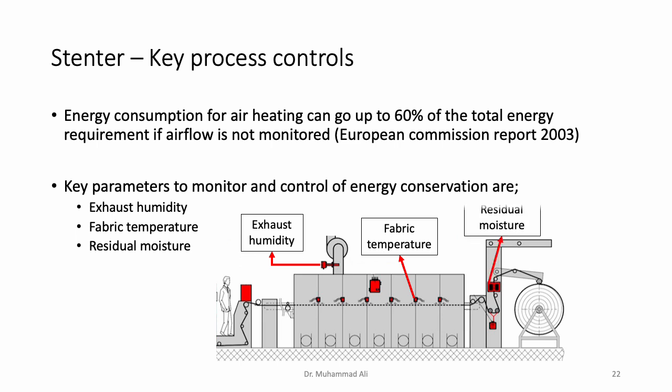And then we have the residual moisture measurement systems, some sensors which can measure and record the moisture in the fabric which is coming out of the treatment chambers. So these three controls together are monitored to ensure that the Stenter is working efficiently and we are able to conserve as much energy as possible.